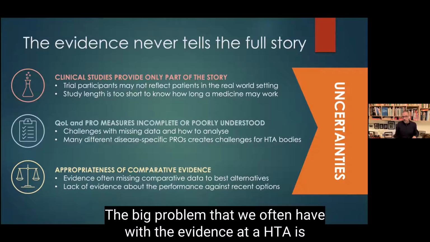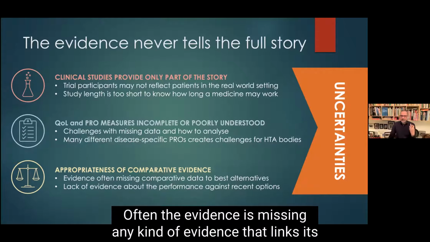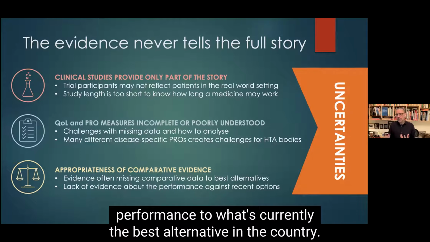The big problem that we often have with the evidence at an HTA is: what does the evidence compare the new treatment to? Often the evidence is missing any kind of link between its performance and what's currently the best alternative in a country.